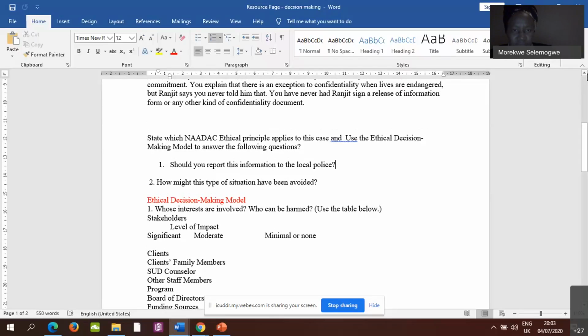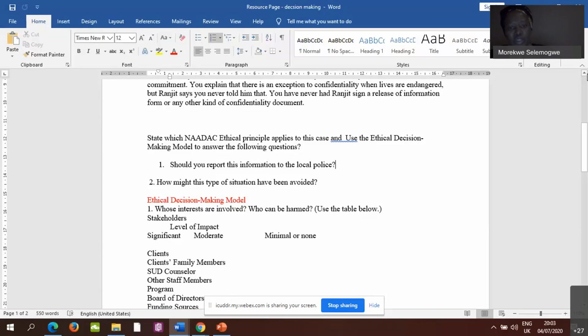I think the counselor should have engaged Ranjit from the get-go and explained what confidentiality is about, what kind of responsibilities each of them has. But also, he could have had Ranjit sign a confidentiality document or a consent document, part of which should read that there are exceptions in certain situations. Thank you. Very, very to the point.